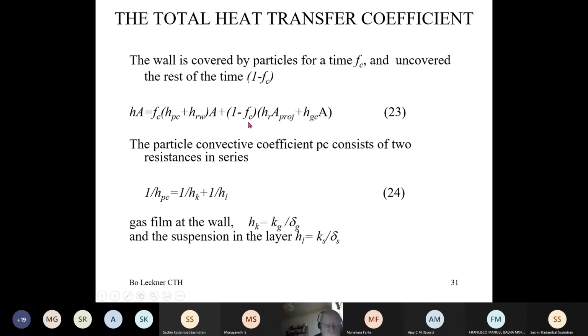This is the remaining part when it's not covered by particles. Then we have only radiation from some distance and gas convection. So this is one way to model the heat transfer coefficient in the circulating fluidized bed. And of course, the particle convective part is modeled like this, considering the gas gap at the wall.